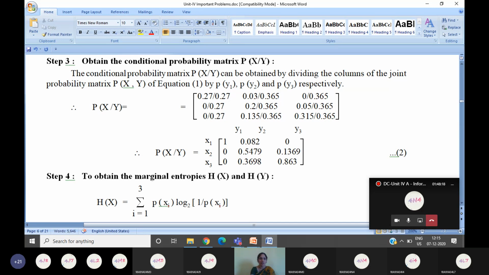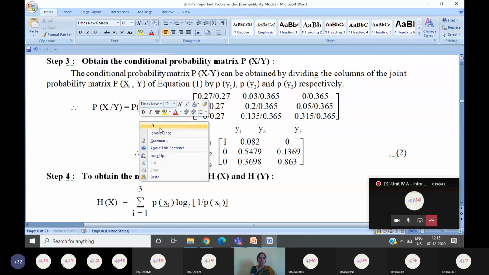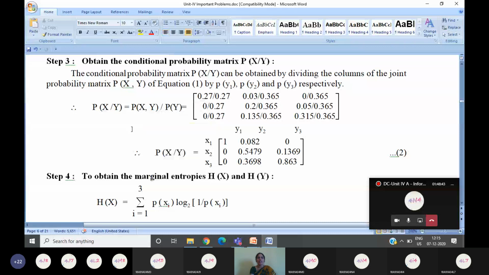P of x by y is equal to P of x comma y divided by P of y. Okay, you can observe this equation. P of x by y is equal to P of xy divided by P of y. This is from the Bayes theorem.